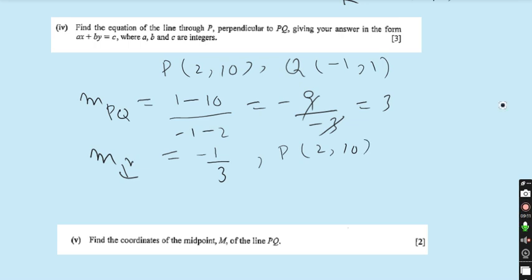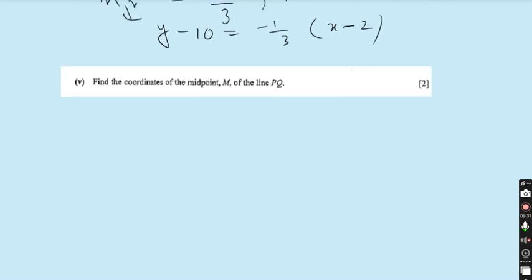Now we can use the formula y minus y1 is equal to m times x minus x1, and we have to give the answer in the form of ax plus by is equal to c. Very easy.